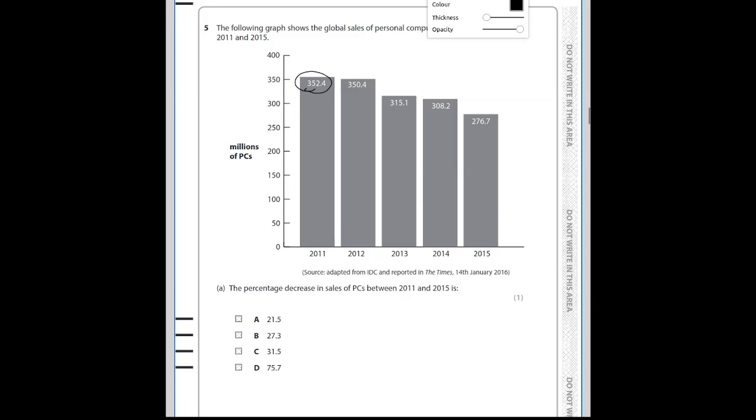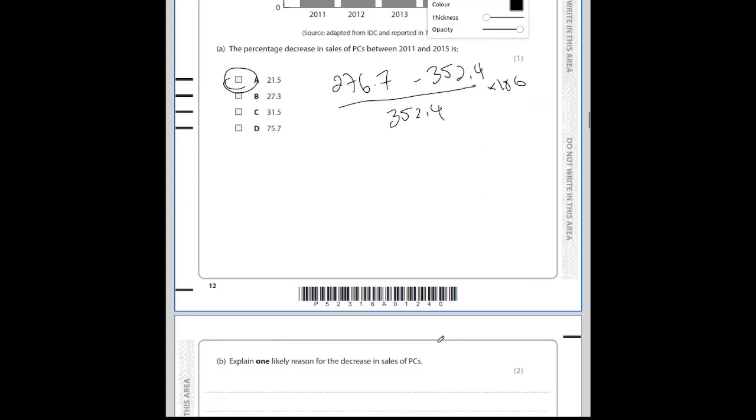So we're going to say 276.7 minus 352.4 over my starting value, which is 352.4, times 100, and that is going to give me 21.5% if I do the math.